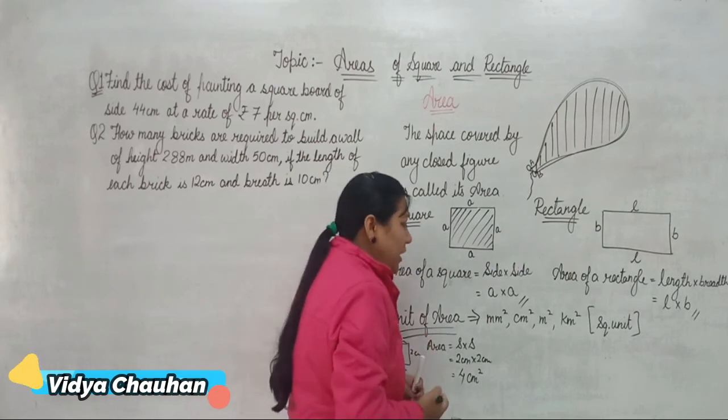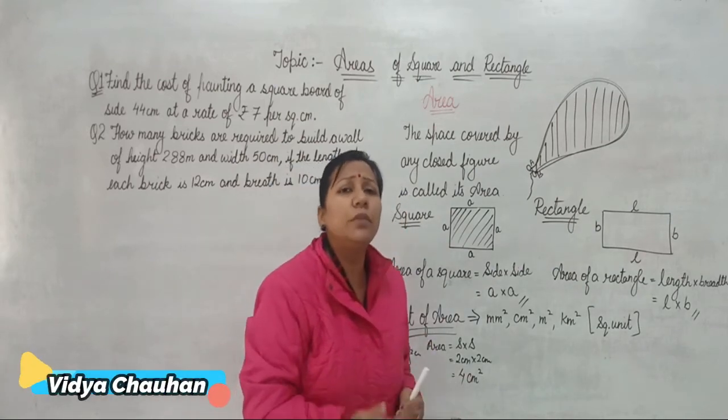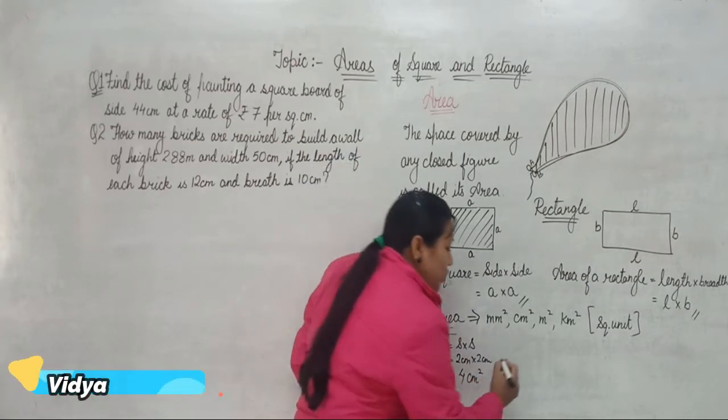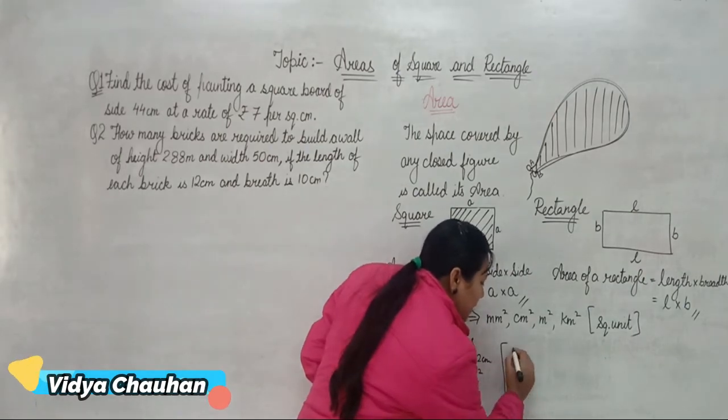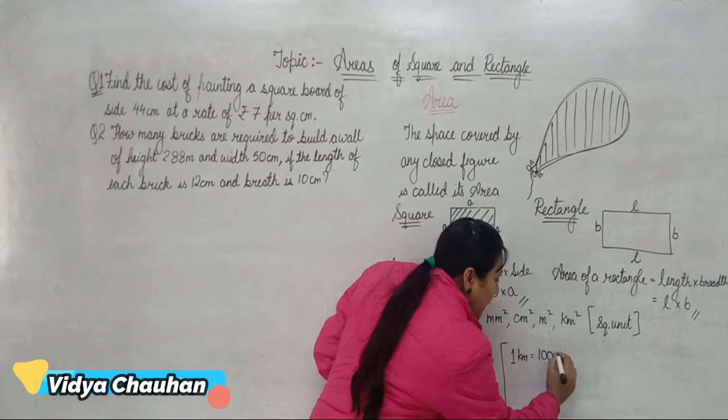Now, sometimes when you solve the questions, there will be some conversion units also. Those conversion units which you should know: very first, 1 kilometer is equal to 1000 meter.